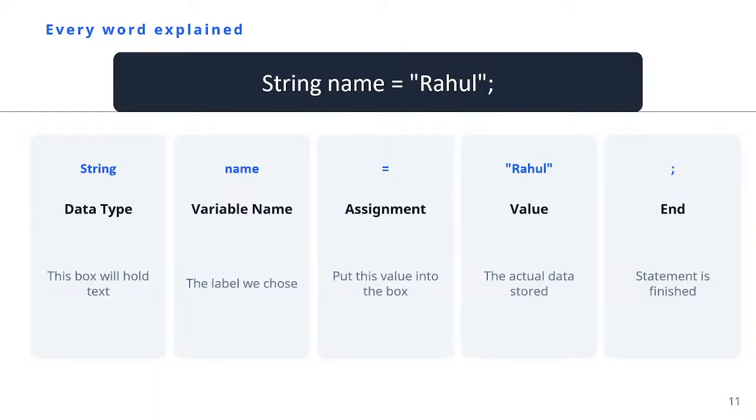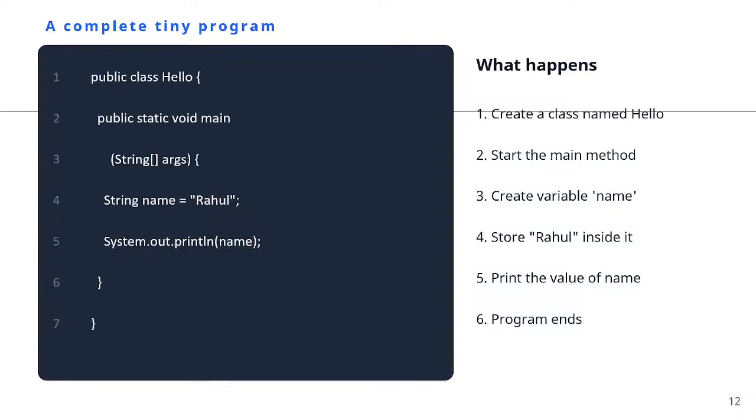That is the complete story of this line, though it looks very small. Every single word, symbol, or semicolon shows how an instruction is coded in programming. That's the complete story of this line, and we will go to the next slide.